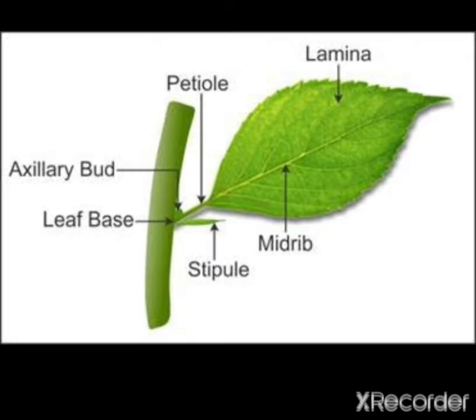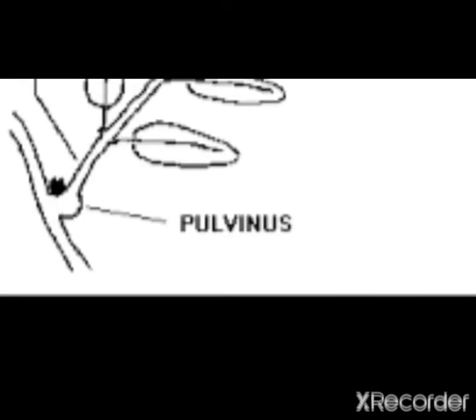Now when we talk about the leaf base, this is the basal part that attaches the leaf to the stem. In case of legumes, the swollen leaf base is called pulvinus. Like you can see in this picture, legumes are the plants which belong to the Leguminosae family, for example the pea plant.